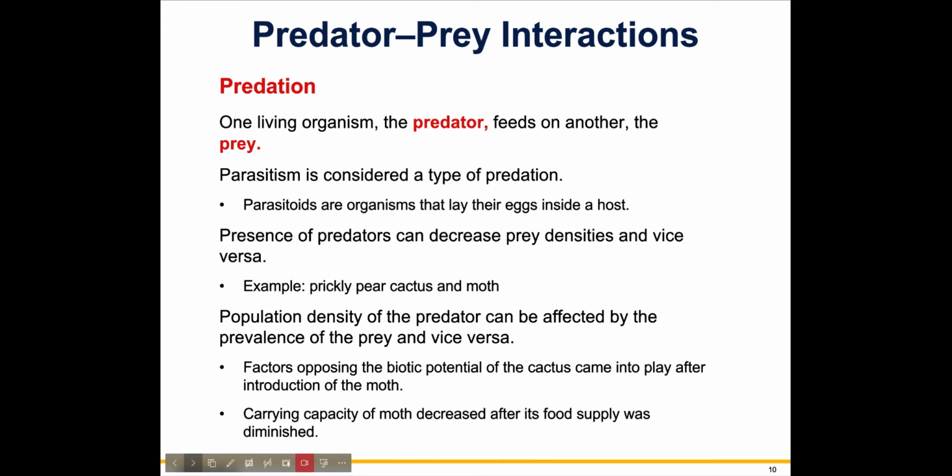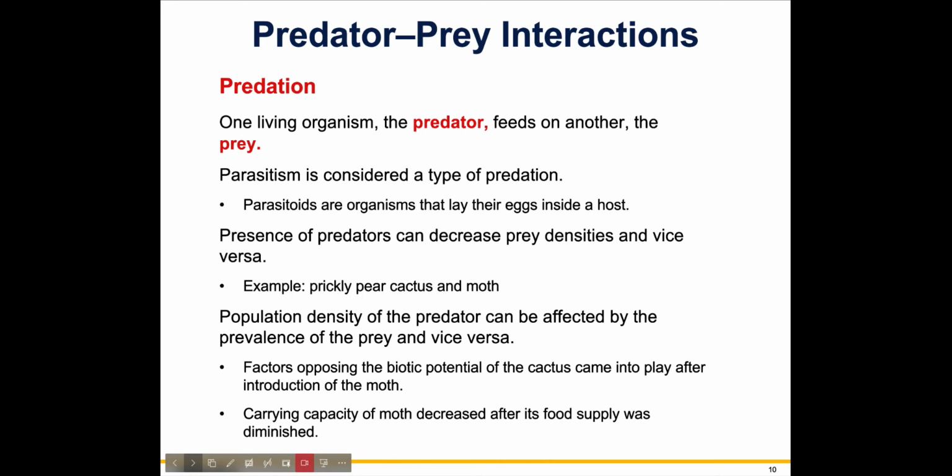So, for example, some sort of parasite wasp might lay their eggs inside the host. Or we have a parasite worm that impacts the heart tissue of animals. What we see is that the presence of a predator actually decreases prey density. And without a predator, we increase the prey density.